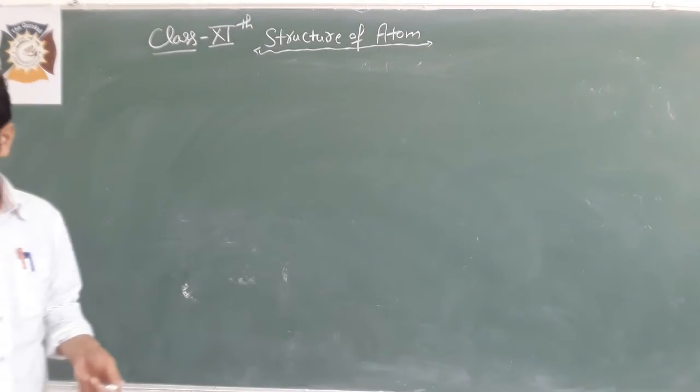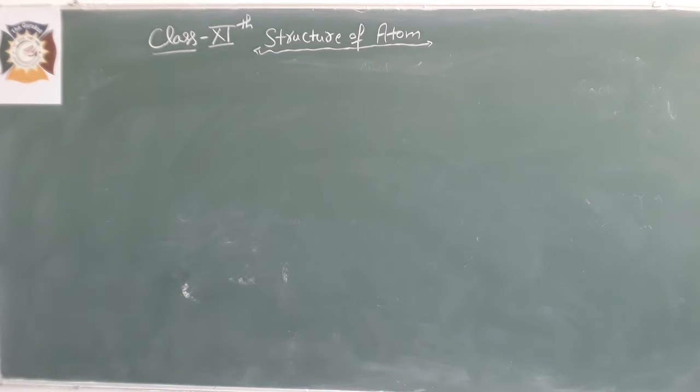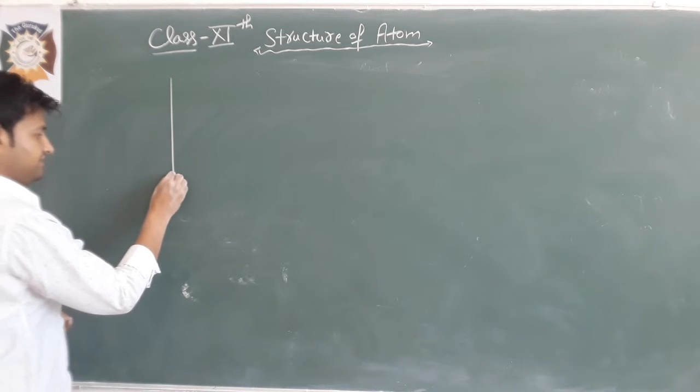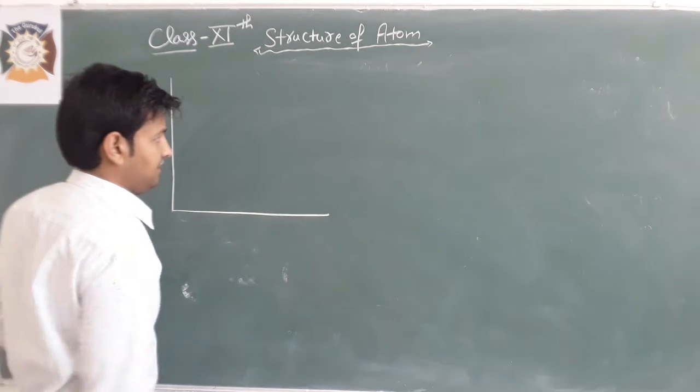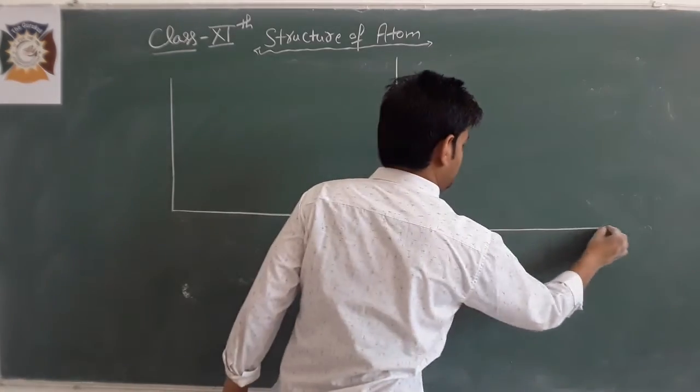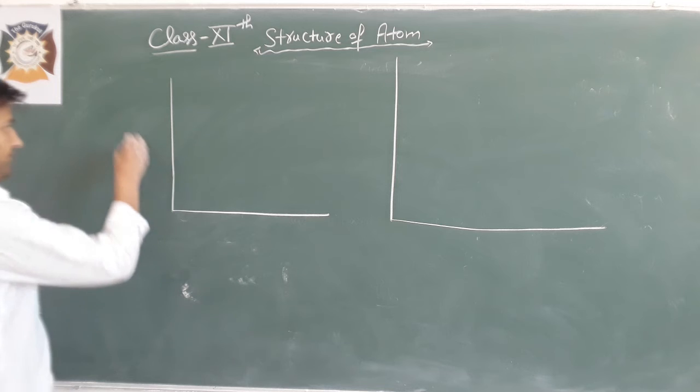The velocity of the electrons ejected, we can understand with the help of a graph. Kinetic energy of photoelectrons.